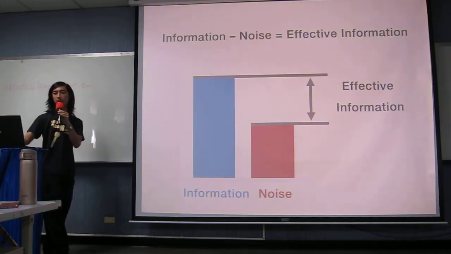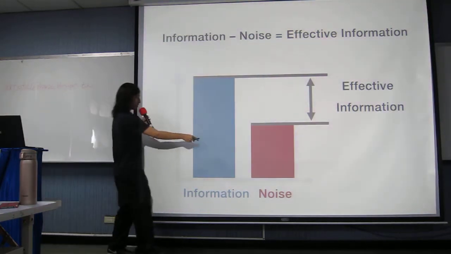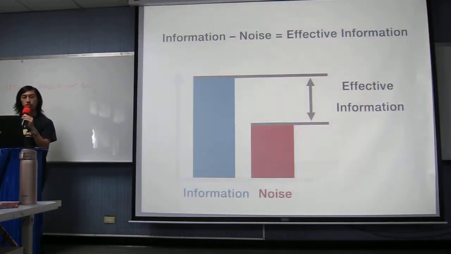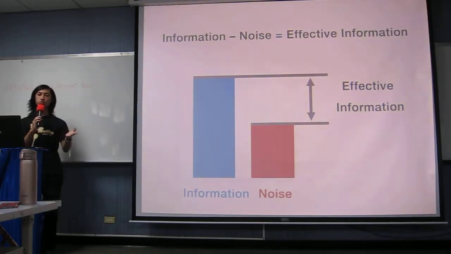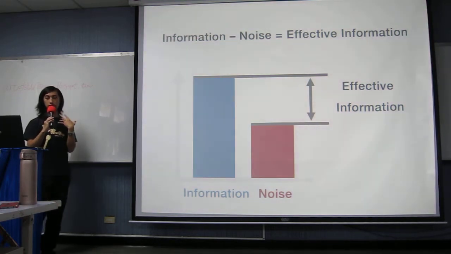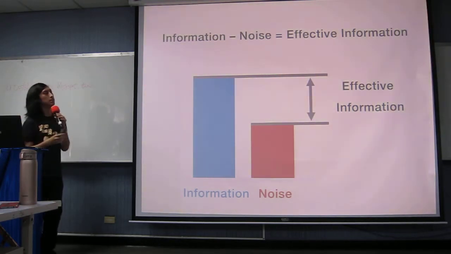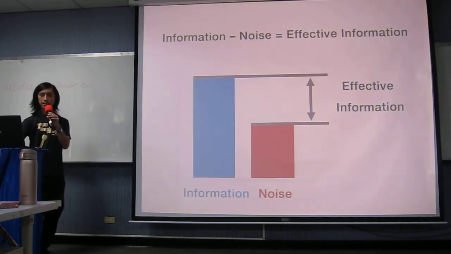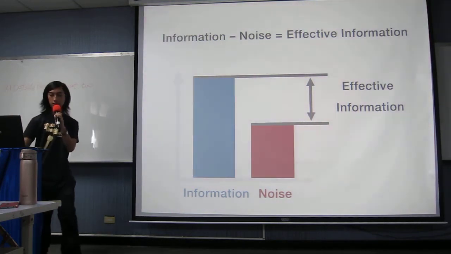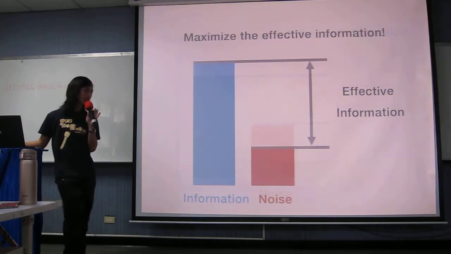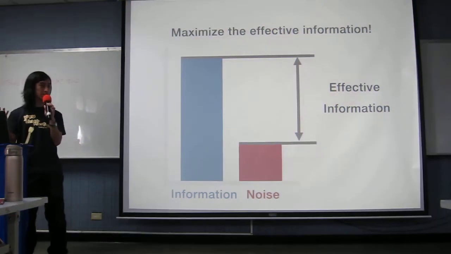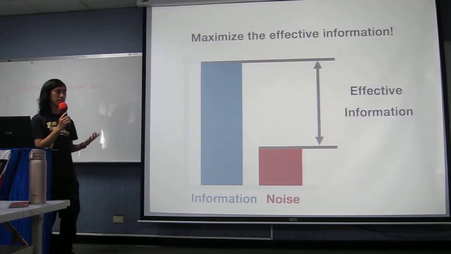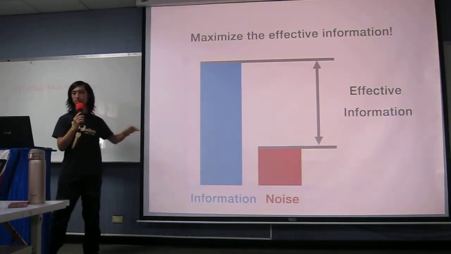So in this scenario, the music is a kind of noise, and that will reduce the information you get from it. All you can hear is the effective information. Therefore, the key concept of your presentation is to maximize the effective information. Sounds quite easy, but that's the most important concept in today's SGD.